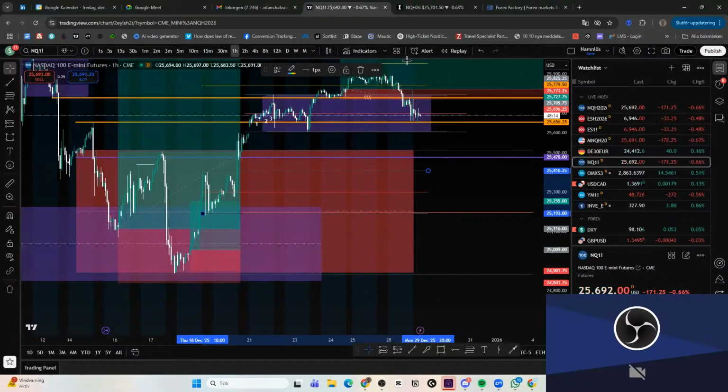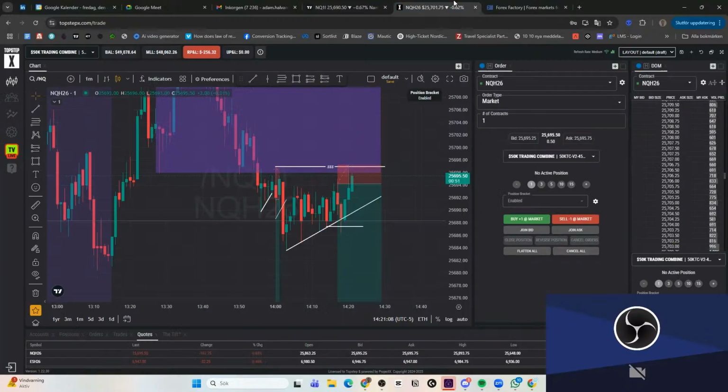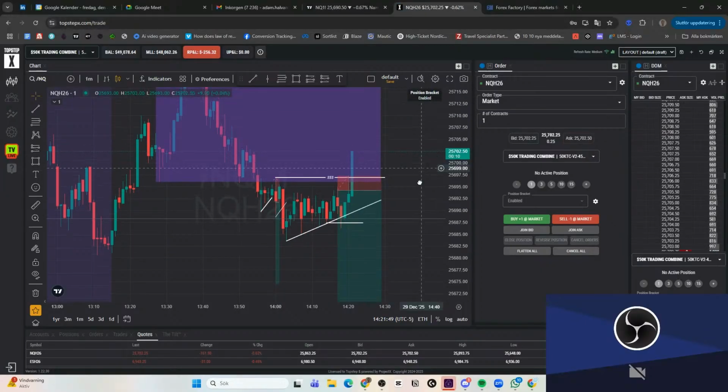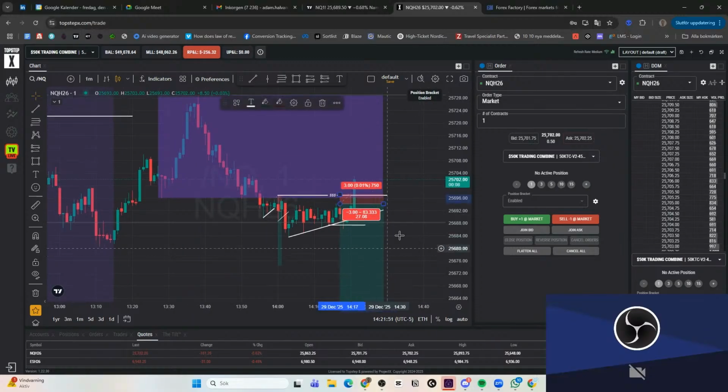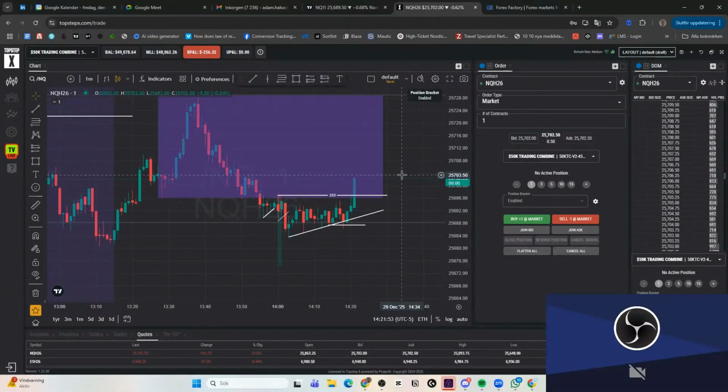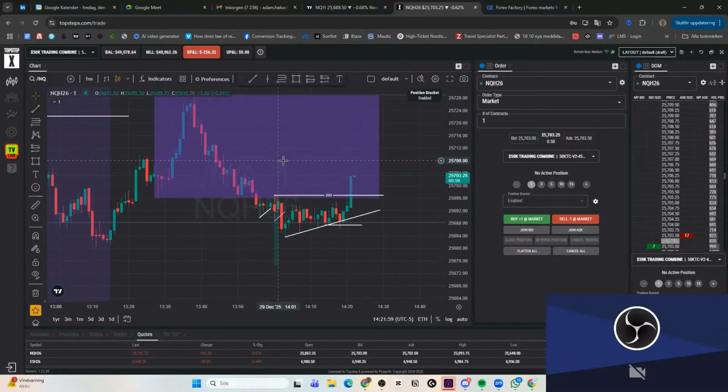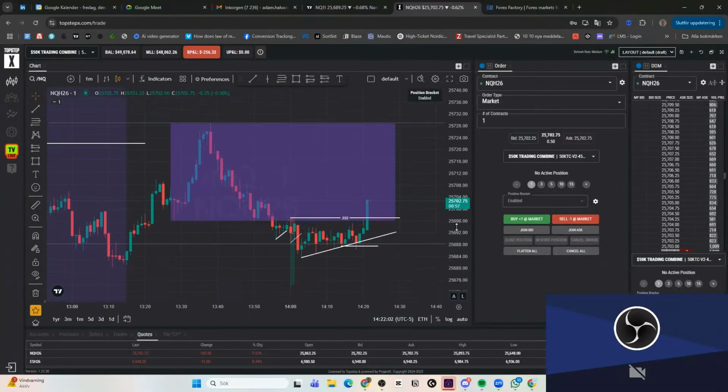See how that's where it's extended towards. Let's not miss this setup here. So what we're waiting for now is a 1 minute order block validation. That's what we want.